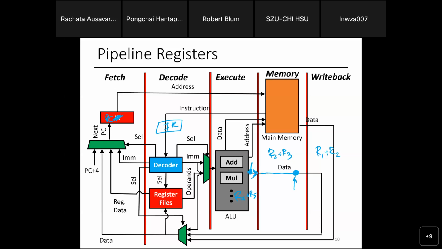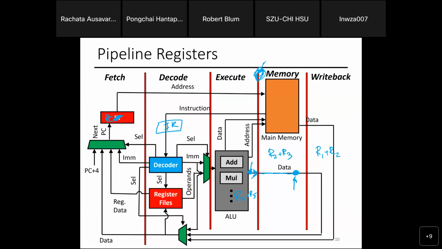It should be R2 plus R3, because the pipeline register, this guy, is a buffer. It's like when you have a temp variable, and whenever you clock, you write the new value into it. So the way it works is when you clock, you take the input, you store it.